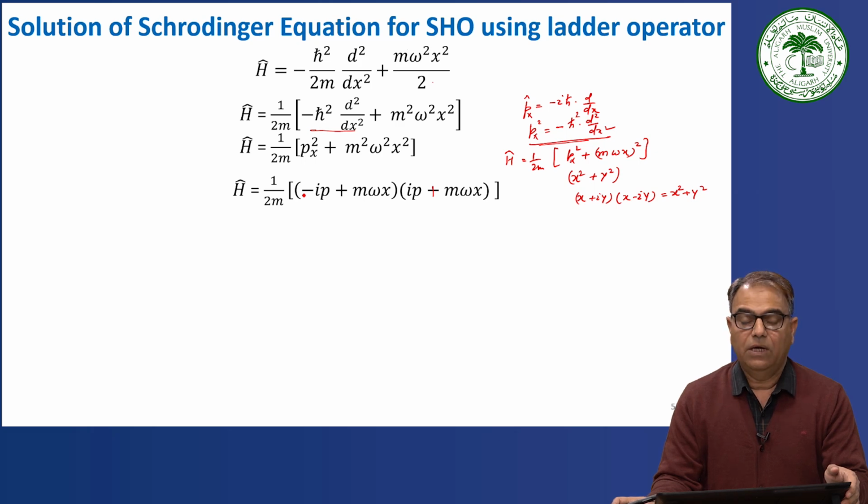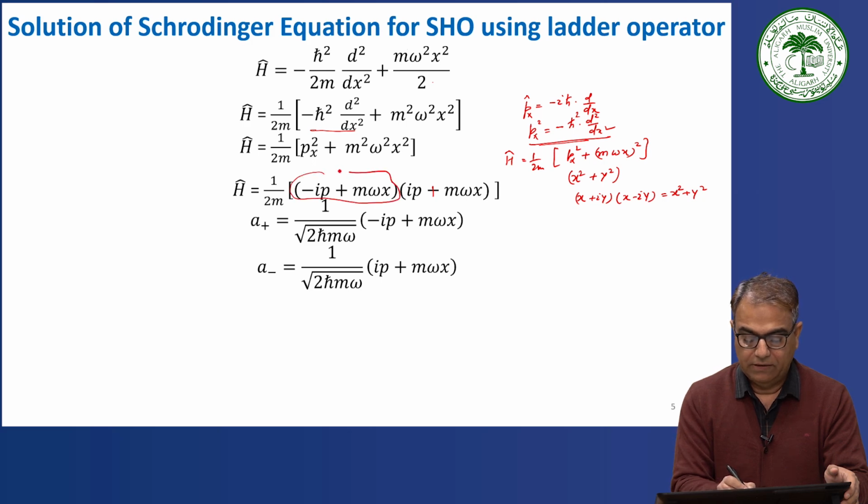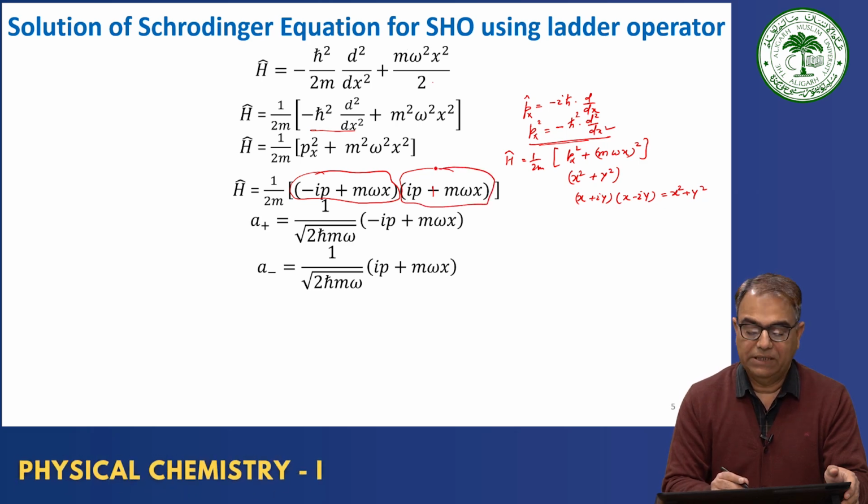Now in the next step, each of these can be treated as an operator, and we give them the symbols a plus and a minus. The first one is a plus and the second one is a minus. It's the same term which I have used here.